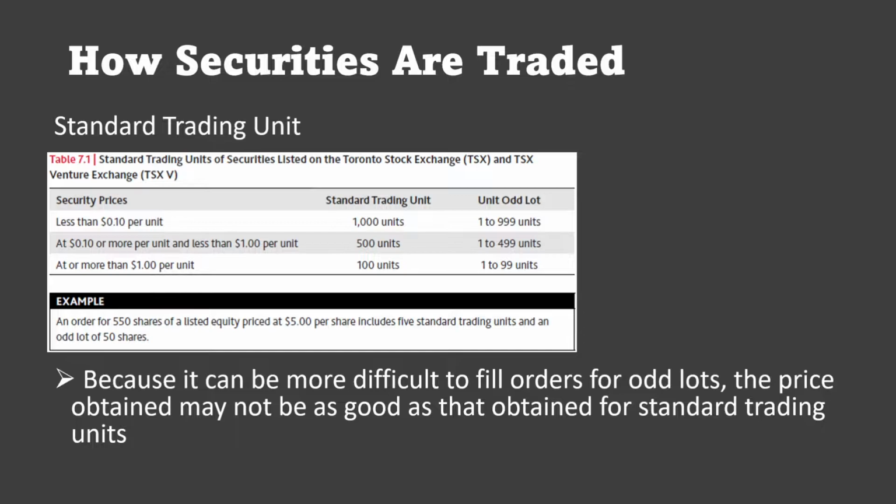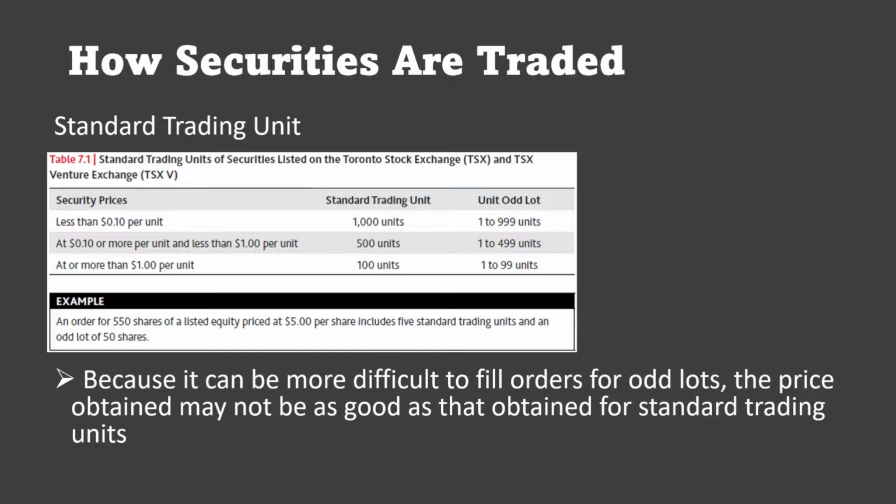There is what's called standard trading units, and this is for the Toronto Stock Exchange and the TSX Venture. When you are buying stocks, they will be traded in standard trading units. If you're buying a stock for less than 10 cents per share, the standard trading unit for those shares is 1,000 units.